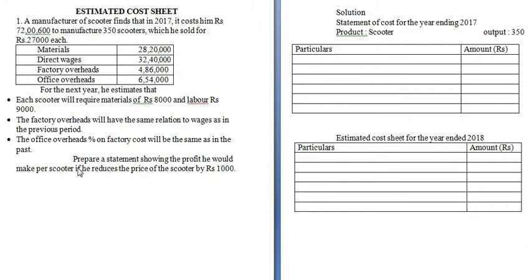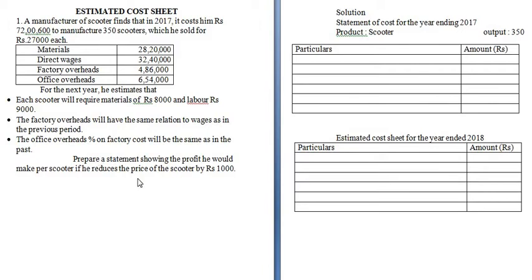Now what they have asked us: prepare a statement showing the profit he would make per scooter if he reduces the price of the scooter by rupees 1,000. It means in the year 2017 he would sell each scooter for 27,000.